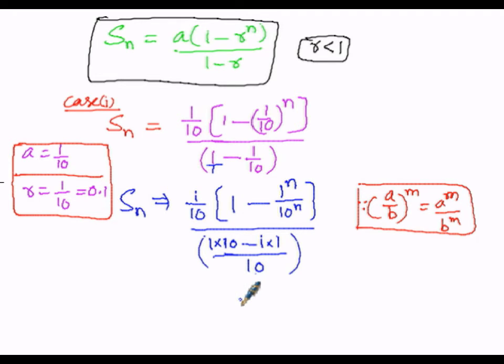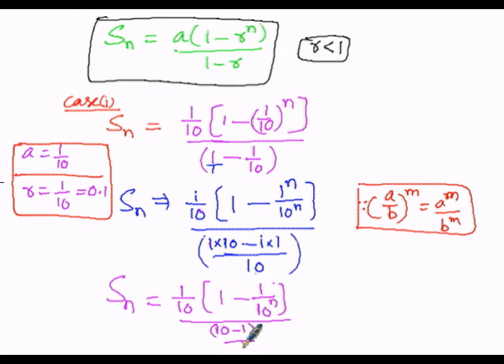Then the next logical step will be S of n is equal to 1 by 10 bracket 1 minus 1 to the power of anything will be 1, overall divided by 10 power n, bracket close, divided by 10 ones is 10 minus 1. So we can write it as 10 minus 1 overall divided by 10 again. So 10 minus 1 is 9.